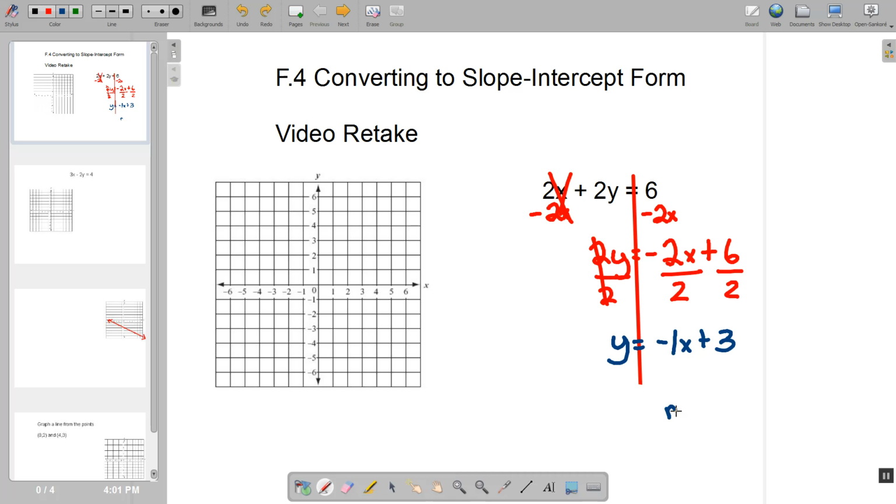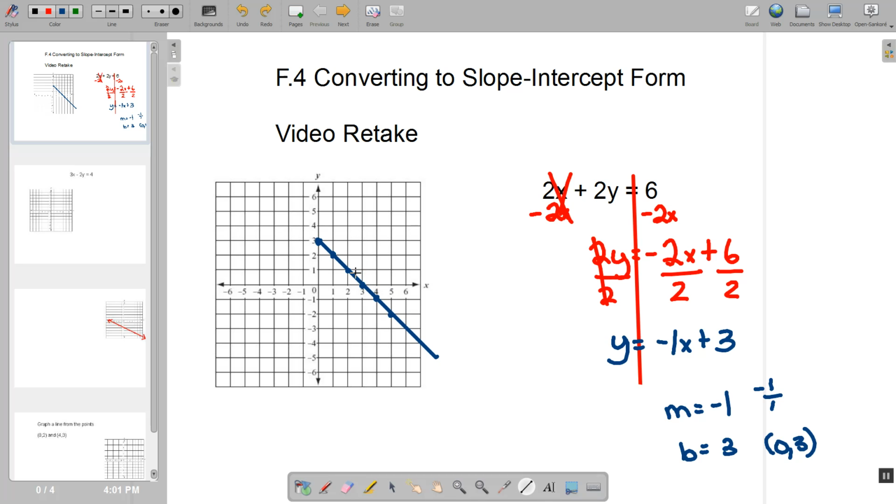Now we can find our slope as negative 1 and our b value as 3, or (0, 3). So we graph and we go down 1 over 1. Remember that this is negative 1 over 1.